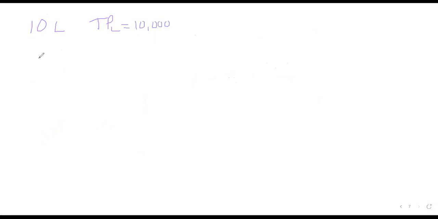What is the average? Average product of labor is simply total product of labor over the number of laborers. So here we have 10,000 as a total that is being produced by 10 laborers. So if we divide by 10, what we're going to get is 1,000. So the average for the 10 laborers is 1,000.